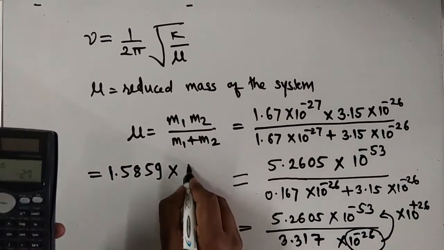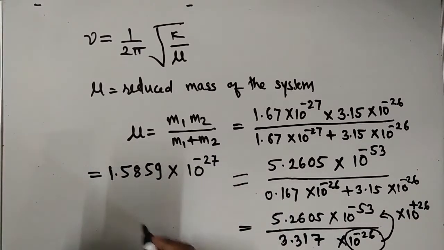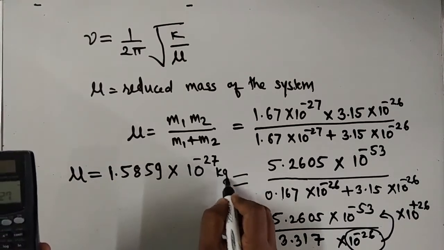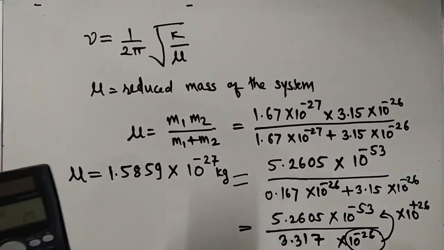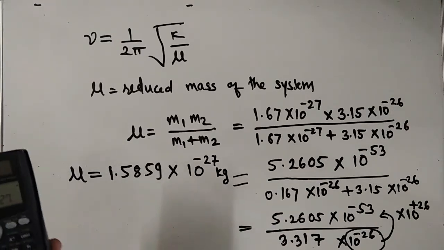So I can write 10 raised to minus 27. So this is the reduced mass, and the unit is kilogram. This is the reduced mass we have calculated.